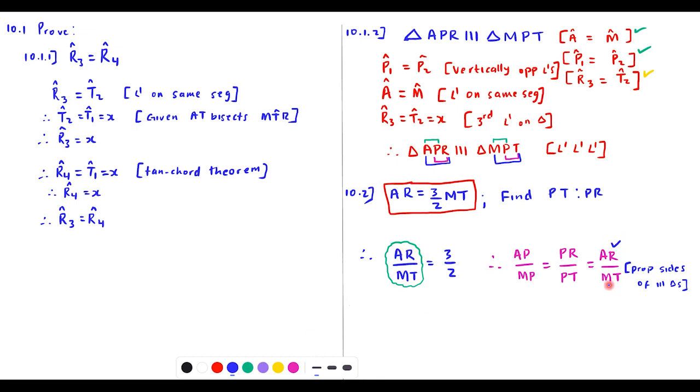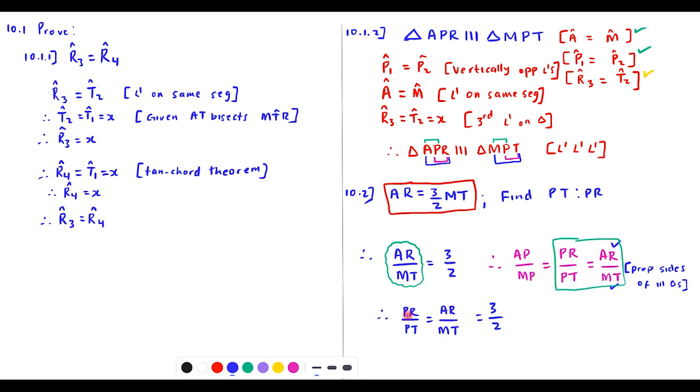All right, now with this we can see that AR over MT is there, and then we want to find PT over PR. So we are going to take these two and calculate them. So we say PR over PT is equal to AR over MT, and we know that AR over MT is 3 over 2. Now the question wanted us to find PT over PR, and here we have PR over PT.